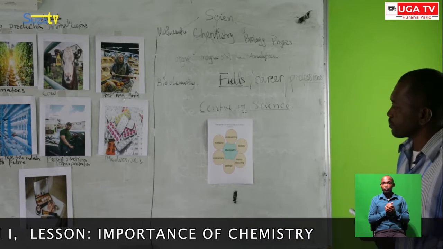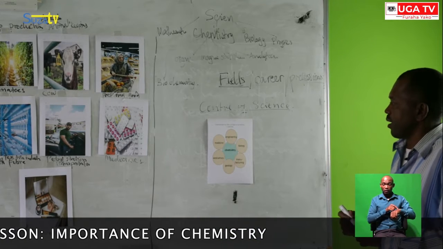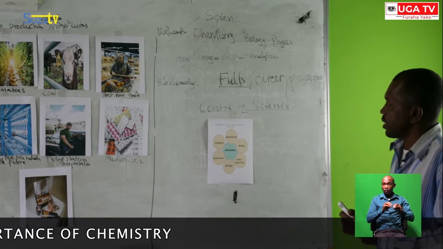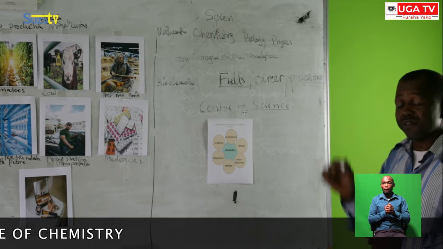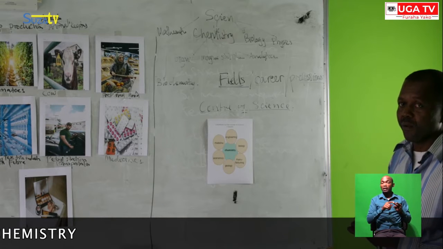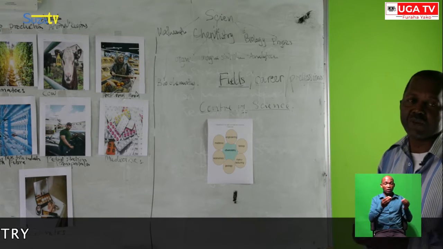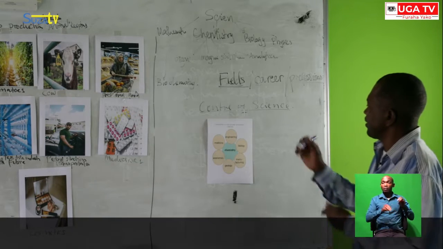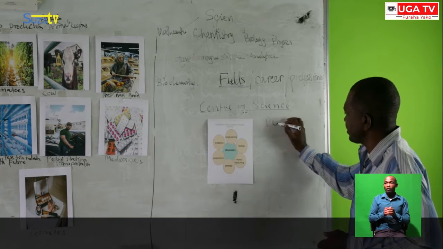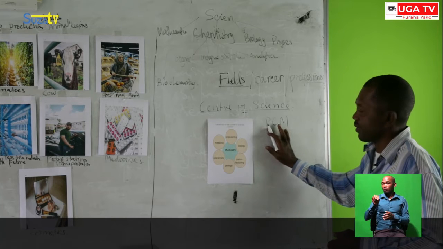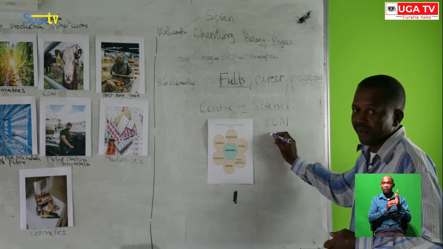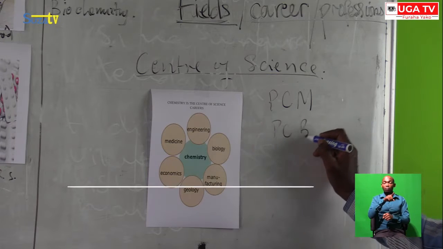We can also say that in our secondary education and higher education, we have different combinations involving chemistry. Let's say we have PCM: physics, chemistry, mathematics. We have PCB: physics, chemistry, biology.